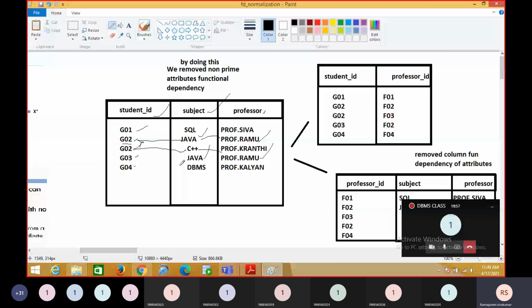These are the necessary conditions in the table. In that case, the table satisfies all normal forms except BCNF. Here I decomposed this one table into two tables.